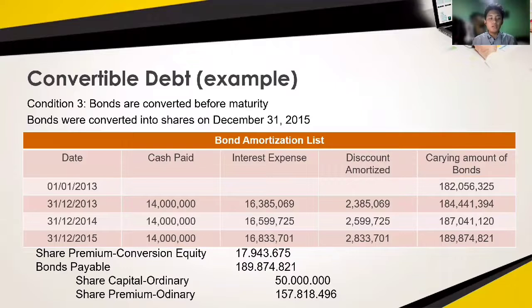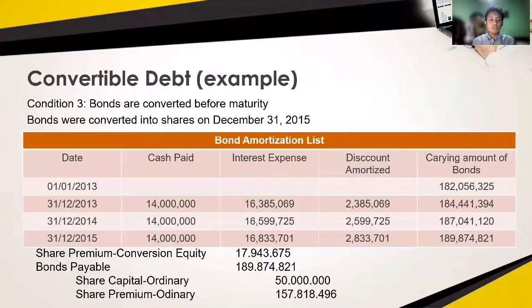In the journal entry, we debit share premium conversion equity amounting to 17,943,675, and we debit bonds payable amounting to the carrying amount of bonds in the table.